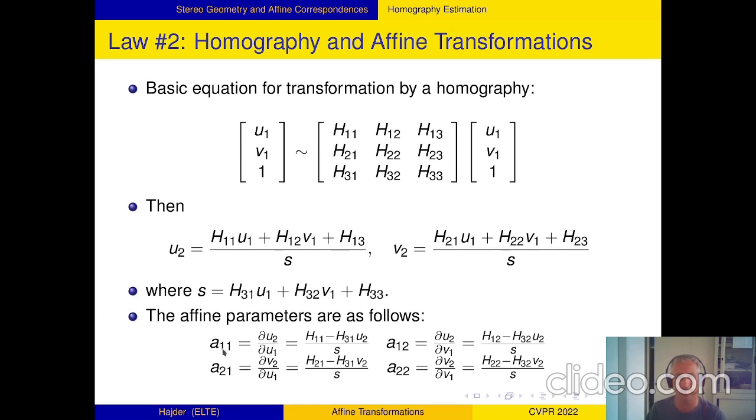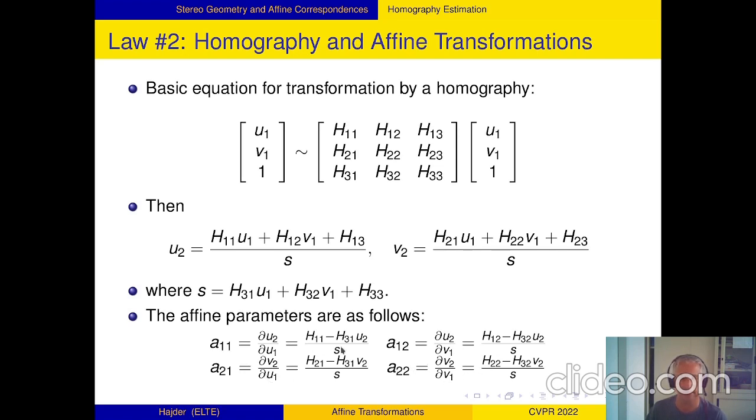A11 is the partial u2 over partial u1. A12 is the u parameter in the second image with respect to the second parameter in the first image, A21 is partial v2 over partial u1, and A22 is partial v2 over partial v1.